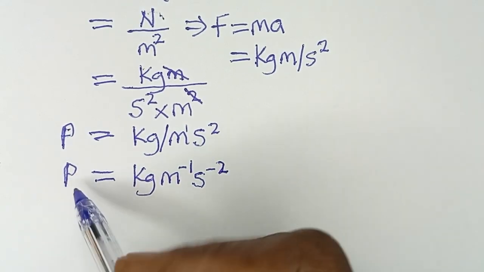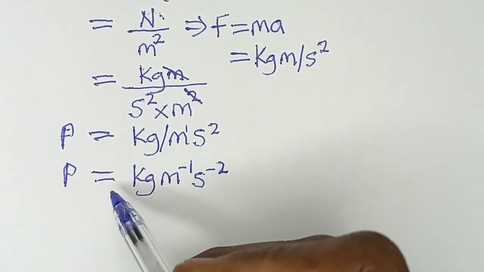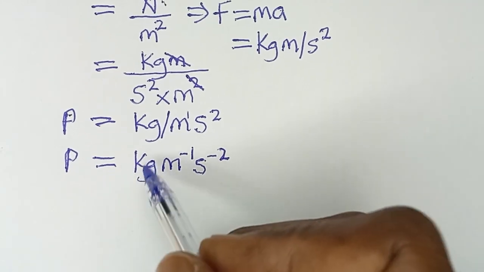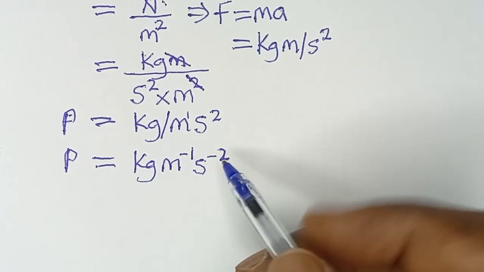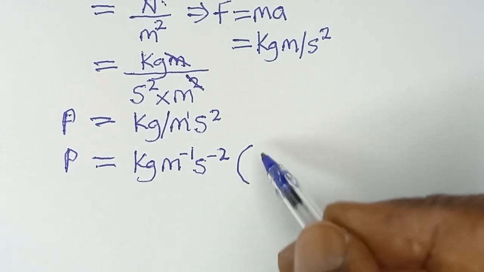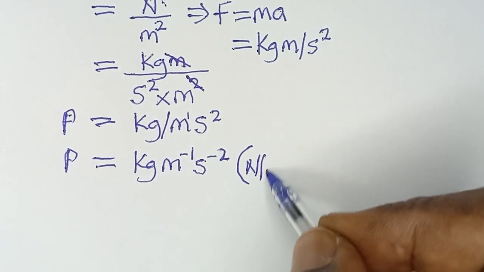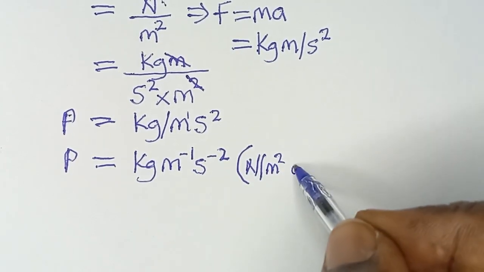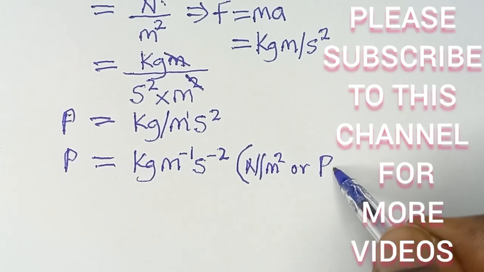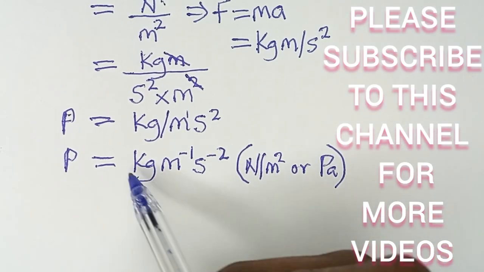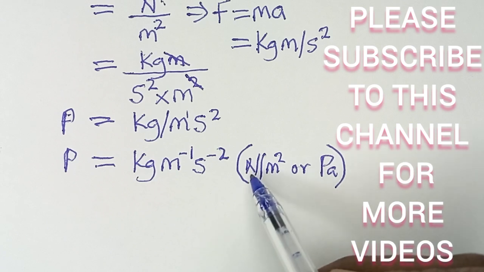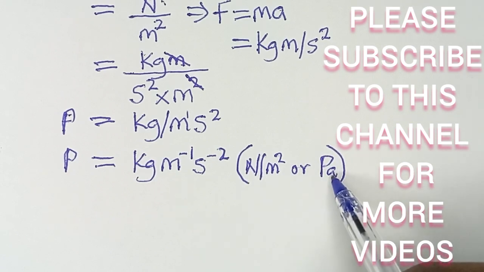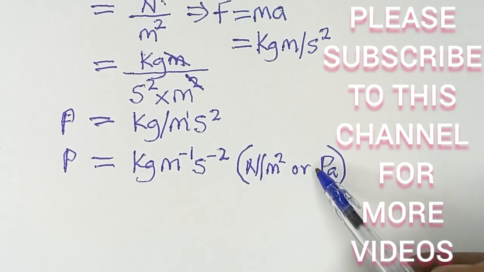So the original unit of the pressure is given as kilogram per meter per second square. And this is what is also called the Newton per meter square, or the Pascal. So this is the original unit of the pressure, which is now the Newton per meter square, or the Pascal, as the unit of pressure.